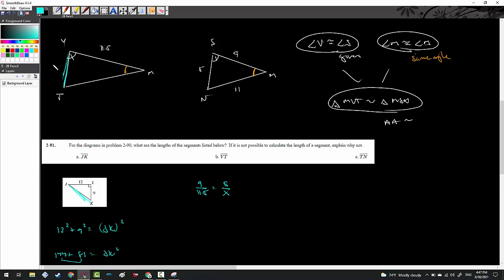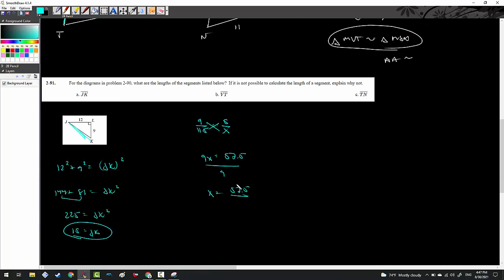I'll call it x right here. Now I can cross multiply: 9x equals 5 times 11.5, which is 57.5. So if I divide by 9, x equals 57.5 divided by 9. And that's the length of VT.